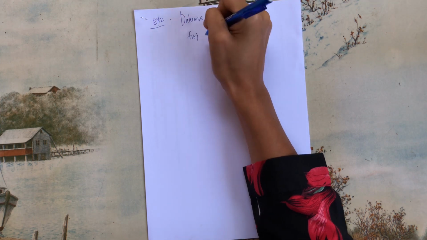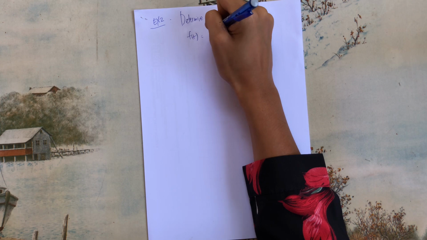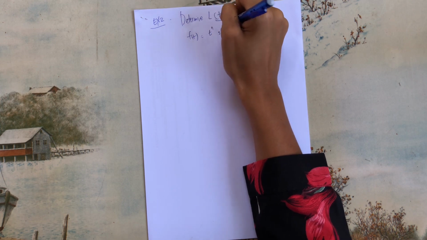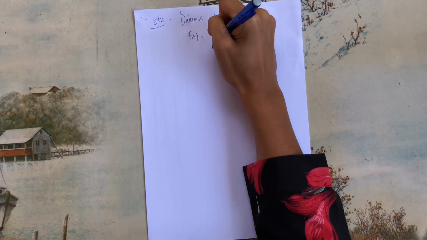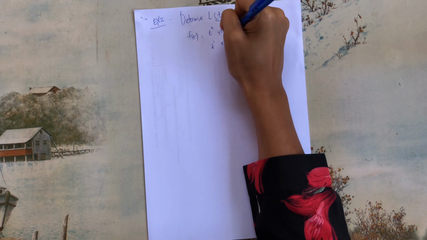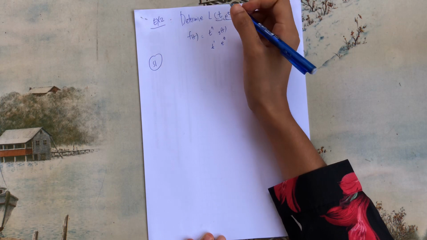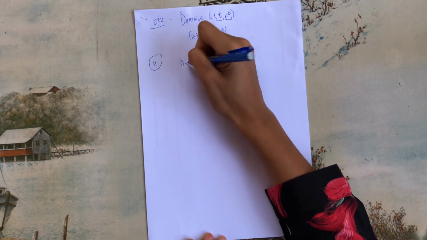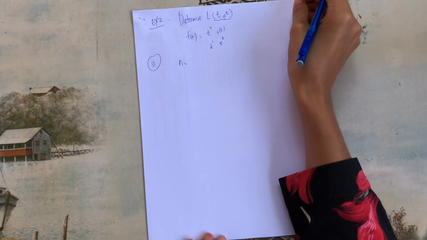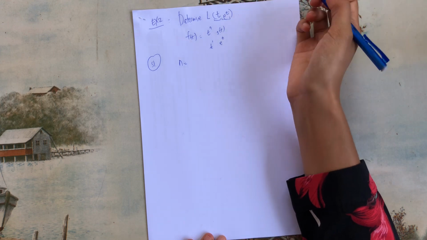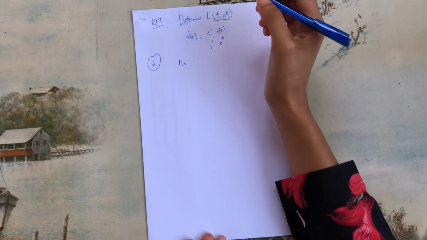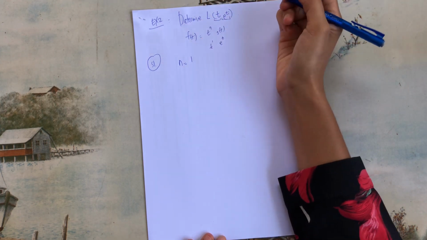So your f(t) here is t power of n times g(t). So t power of 1 and your g(t) is e^t. So step number 1, you need to identify your n. Okay, what is your n here? So your n here is 1.